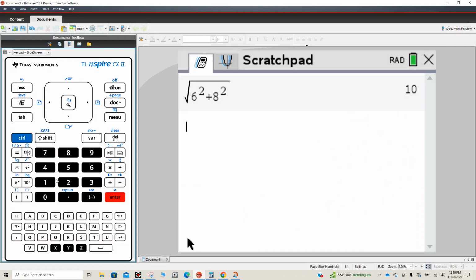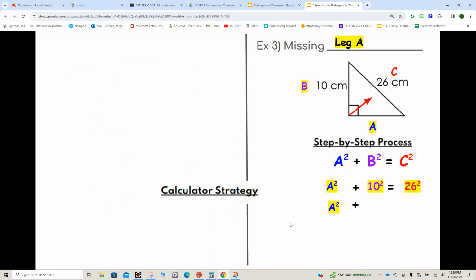So go to your calculator. 10 squared is 100. And then go ahead and do 26 squared. What do you get? Now let's go ahead and put those numbers right here. All right, so anytime you're missing a leg, if you notice, you can't add these two.